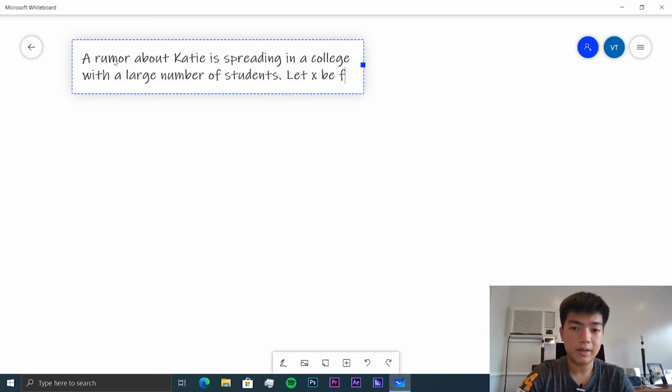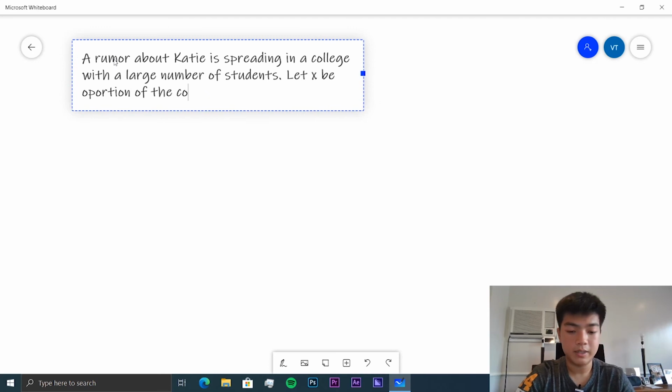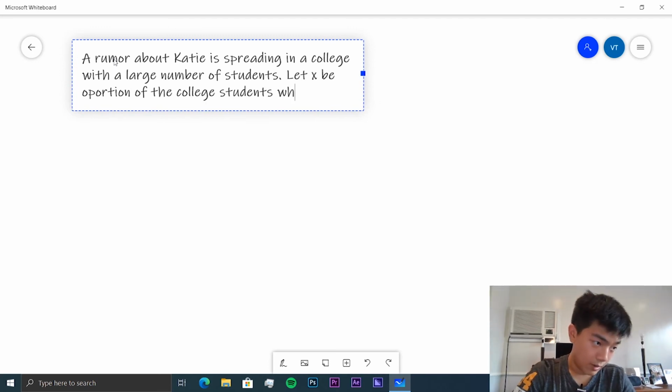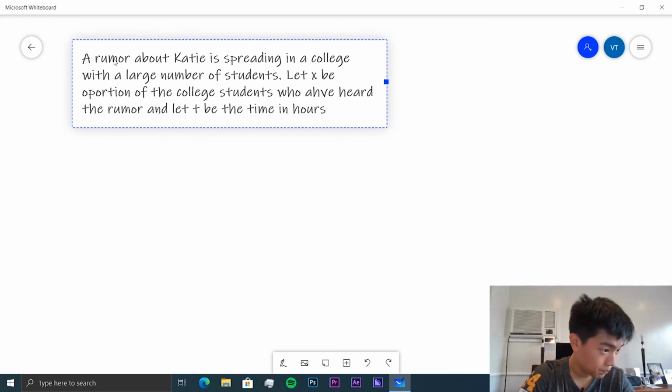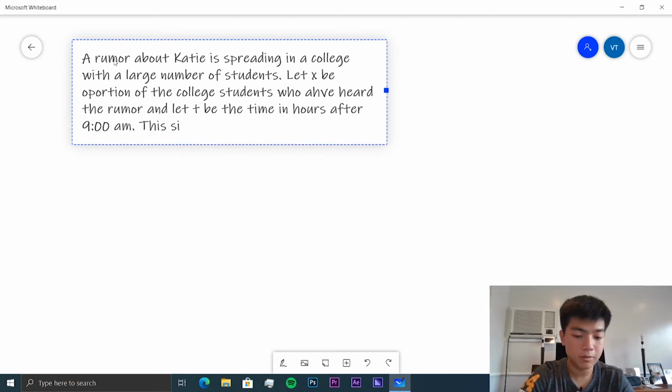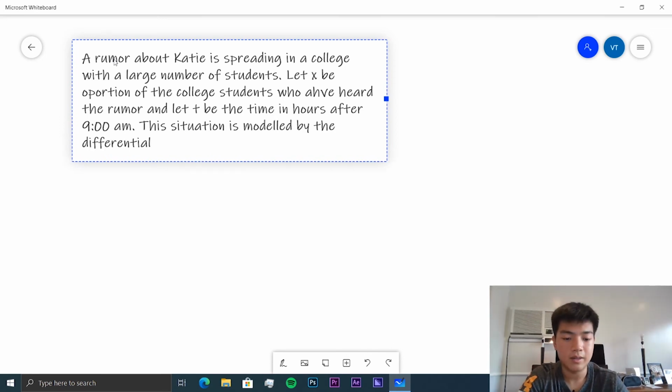Let x be the proportion of the college students who have heard the rumor, and let t be the time in hours after 9 a.m. This situation is modeled by the differential equation dx over dt is equal to kx times (1 minus x), where k is a constant.